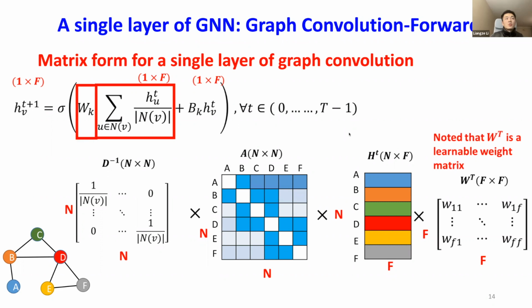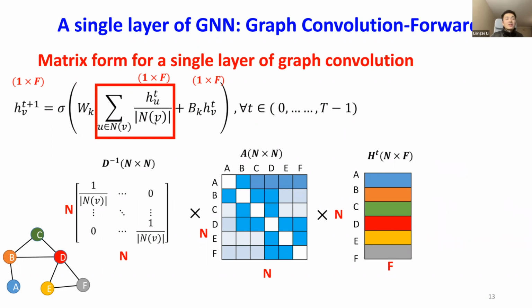Okay, so now we have this. We notice that the result of multiplying these 3 matrices together is exactly what we have over here, right? So that is taking the neighbors of node V, adding them together, and then taking the average, meaning dividing the sum by the number of neighbors, right? So in the resulting matrix, each row represents a node, and each column represents a feature, right?